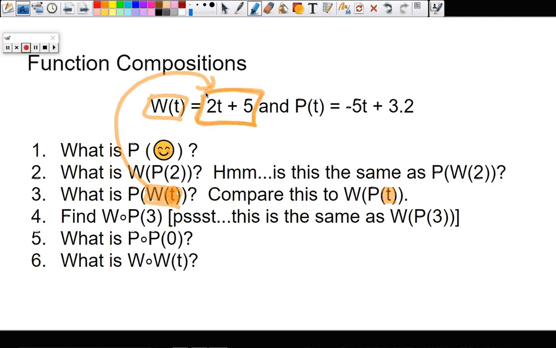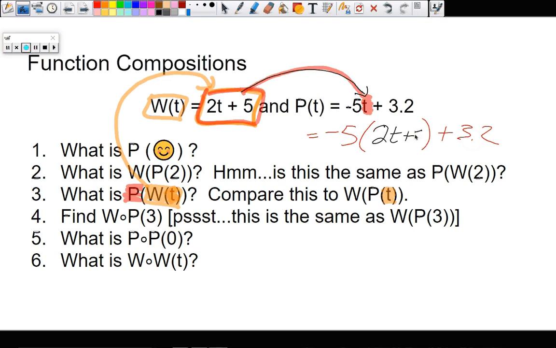And I'm going to plug it into P. So all of this will be plugged into our variable that is waiting an input, like when we build the bare bones, if you will. We would plug in all of this here. So you have 2t plus 5. Any questions from what I just did? Okay. Let's distribute.